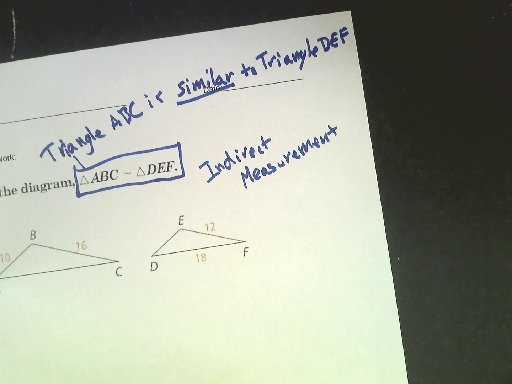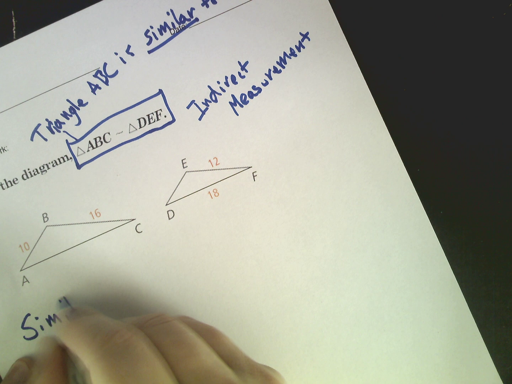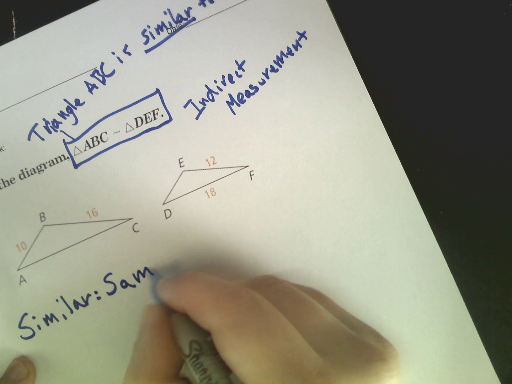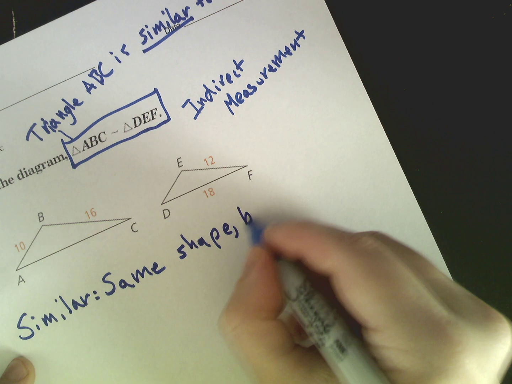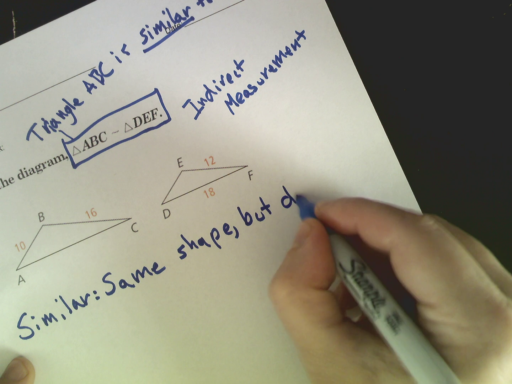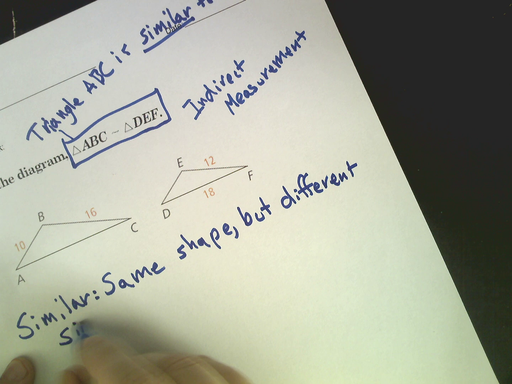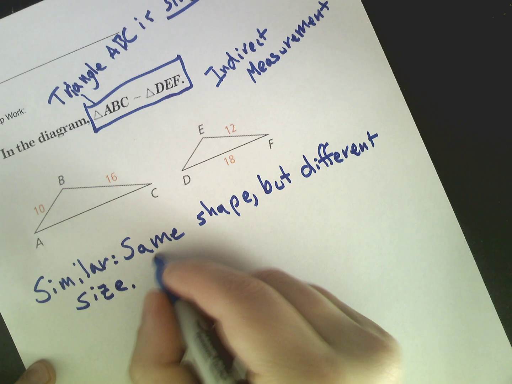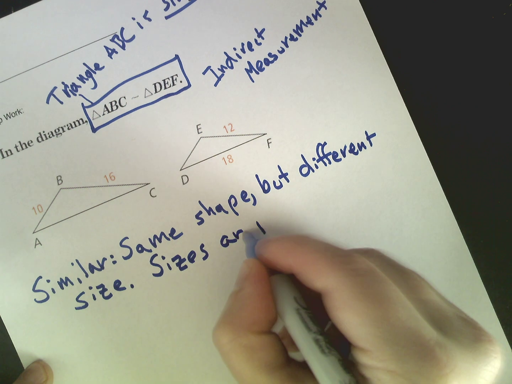Now, when we get to geometry, you're going to learn this. Similar means same shape but different size. And in that case, it also means the sizes are proportional.